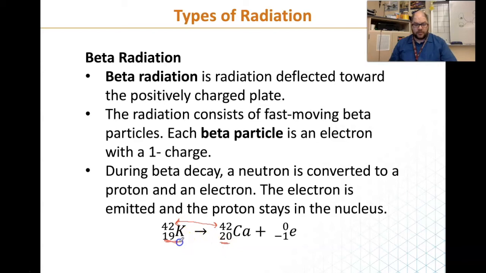So we started with potassium, we're ending with calcium, and we're giving off a beta particle. So that's beta decay because we're giving off a beta particle. Again, if we take a close look at it, we start with potassium, we end with a different element, and so we give off some sort of radiation, in this case beta radiation, and we have a nuclear reaction.